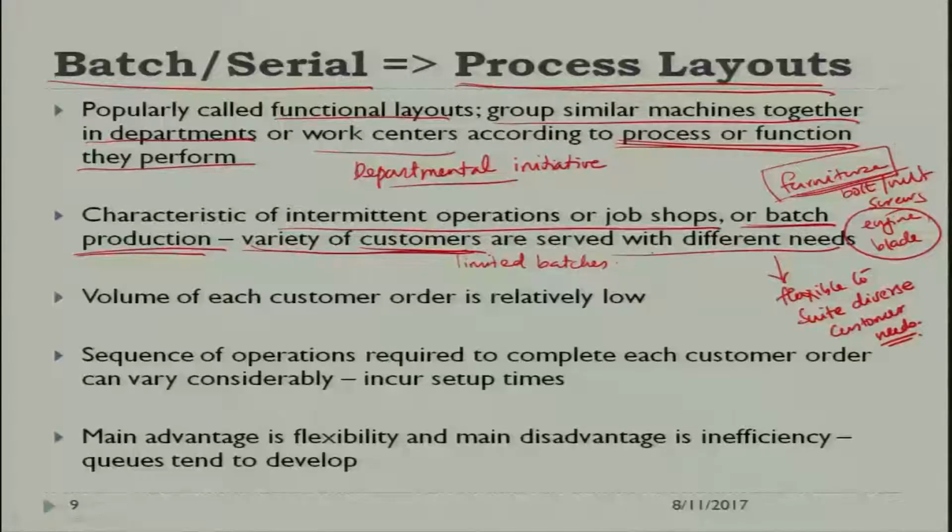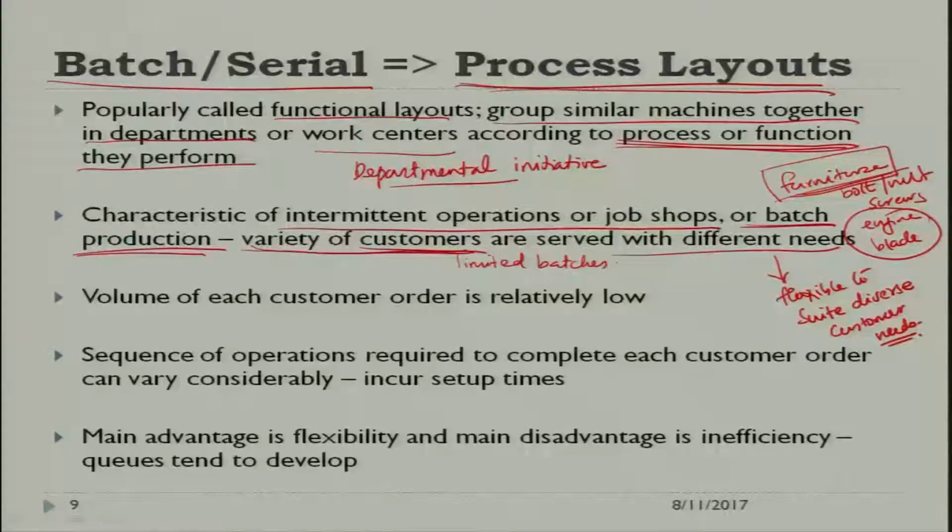The style of the wood will be different, the cushion color will change, the polish will change, the height will change. So, a lot of aspects will come. The customer who comes in will say, I want this particular type of chair, I want that particular type of table. To accommodate those diverse requirements, you end up having this process layout or functional layout, where you group the machines as per the function or the process they do.